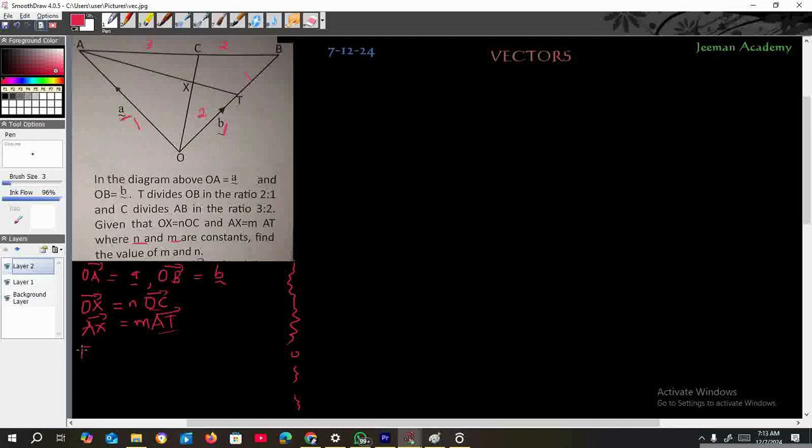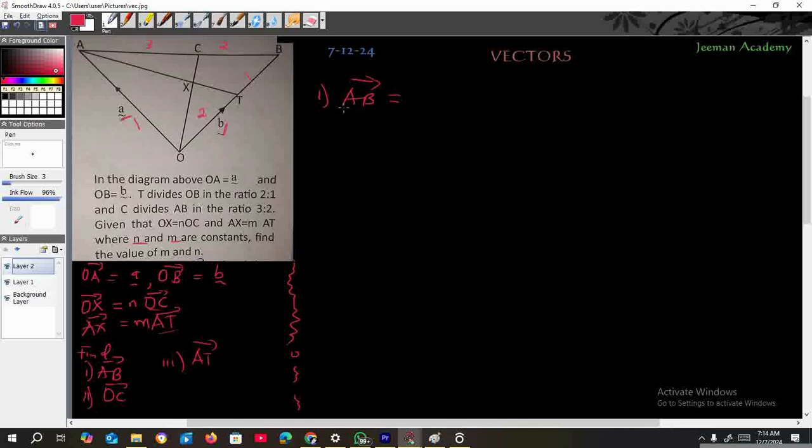So first we find, Roman 1, vector AB in terms of A and B, vector OC also in terms of A and B, and lastly vector AT in terms of A and B. So let's start with the first one, vector AB.